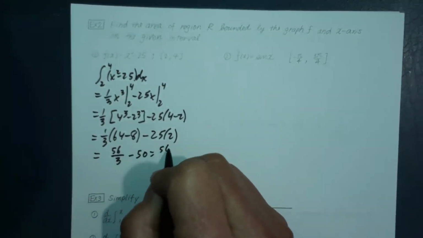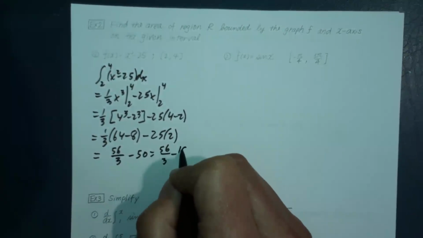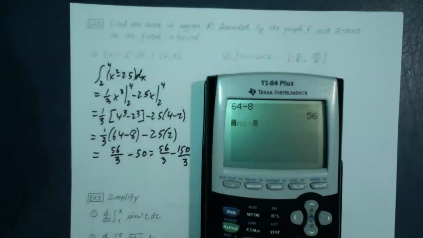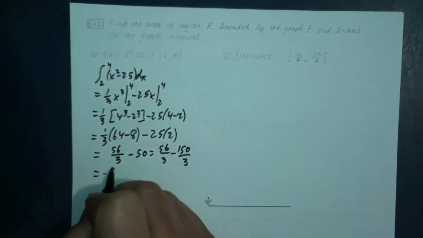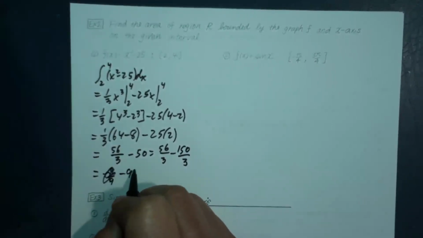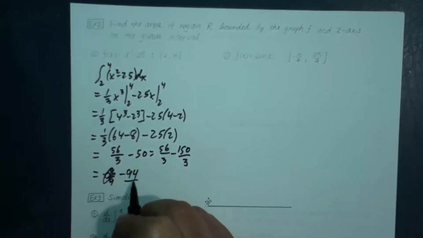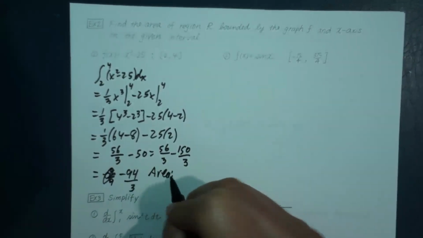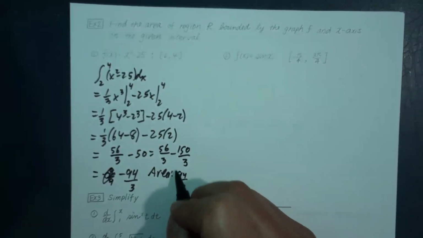Which is 56 over 3 minus 150 over 3. Getting a common denominator, this becomes negative 94 over 3. And so the area total is 94/3.